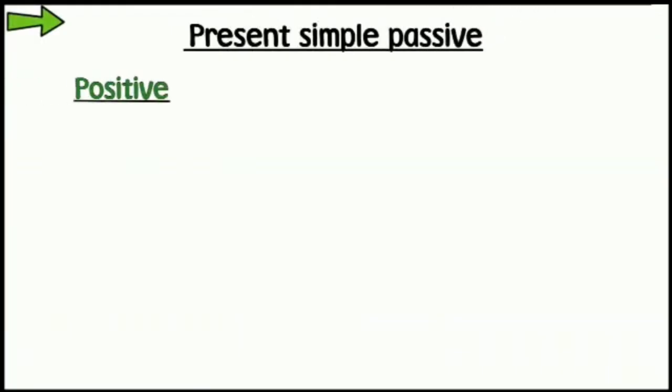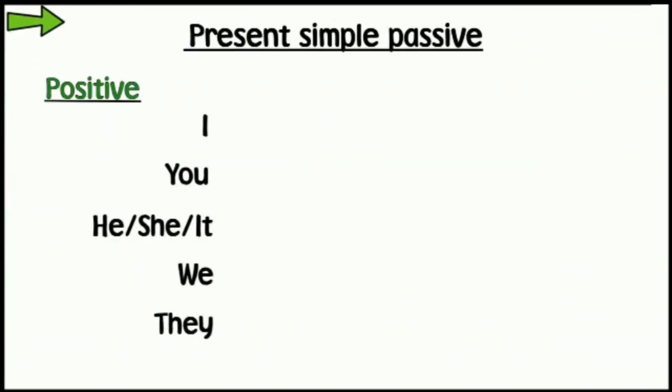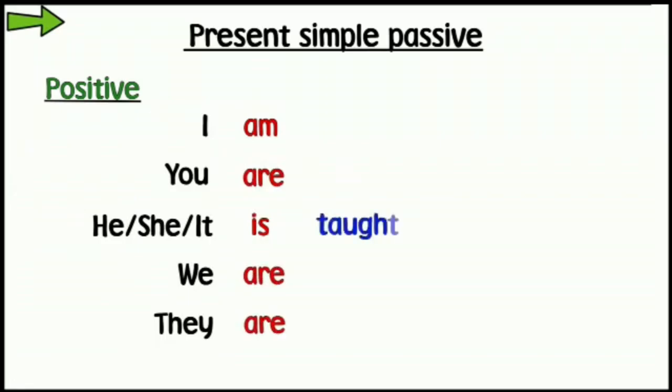We form positive present passive sentences like this. We use be in the present tense with the past participle.